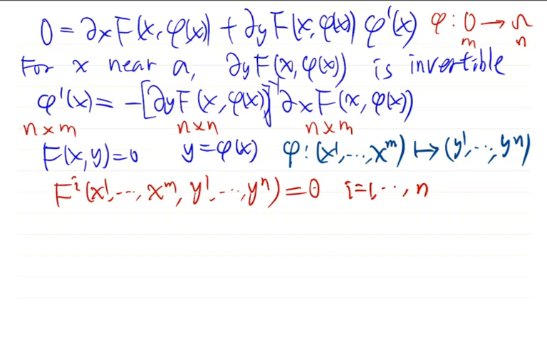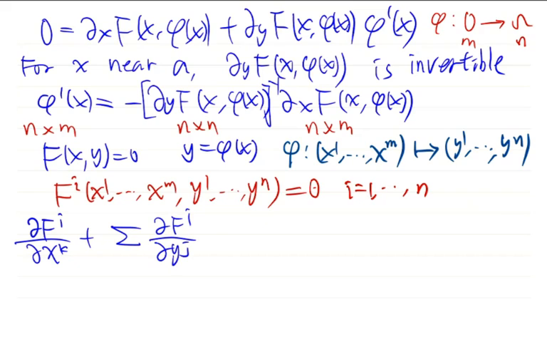So we get dF_i/dxk plus, by the chain law, the sum of dF_i/dyj times dyj/dxk, j from 1 to n. On the right-hand side, remember that y1, ..., yn are functions of x1, ..., xm.